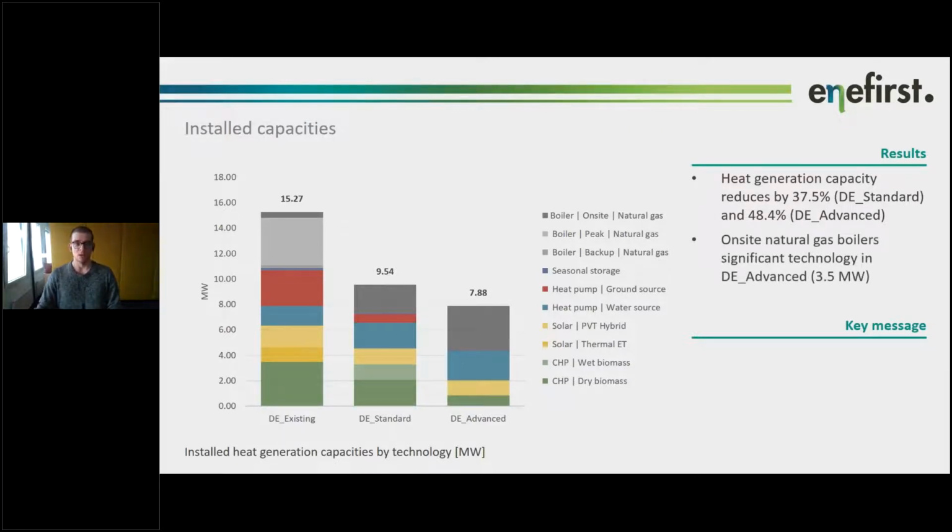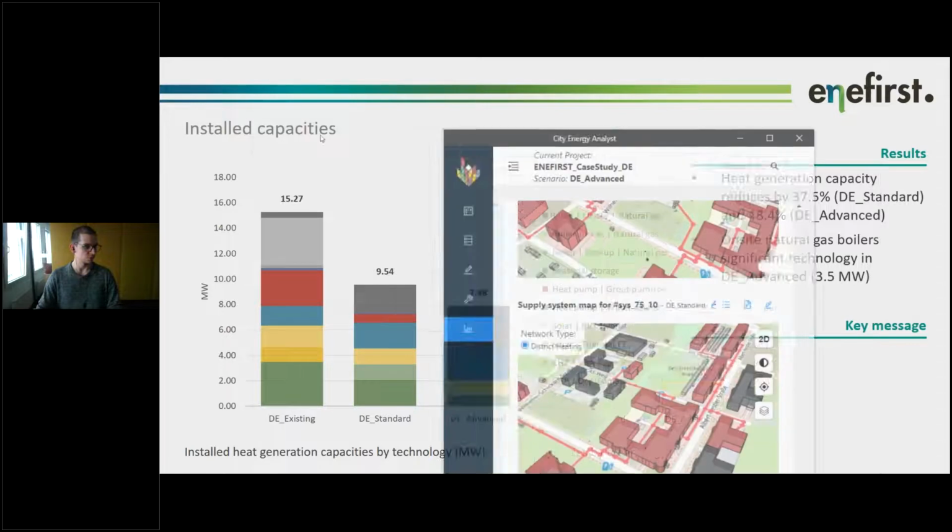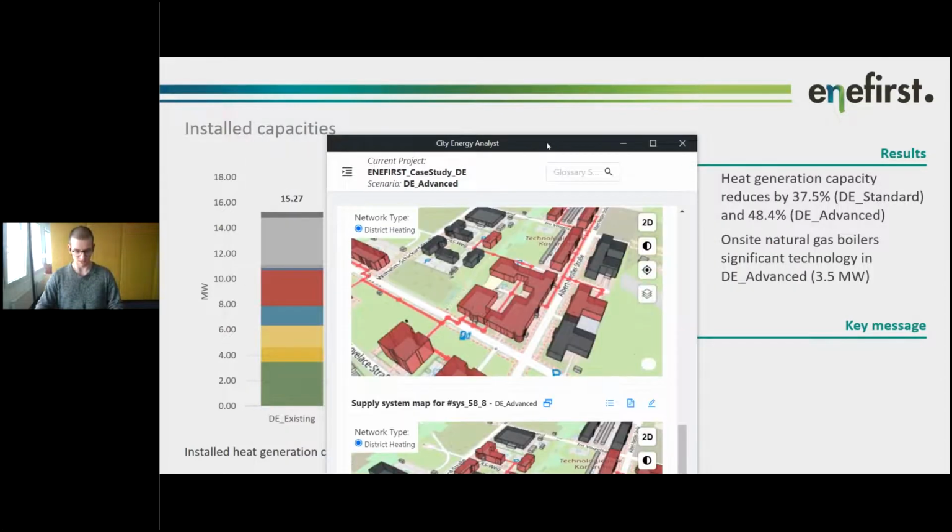And we can also see that on-site natural gas boilers are a significant technology, particularly in the advanced scenario. So these on-site natural gas boilers are not connected to a district heating network, but they are operated individually. I will be showing you very briefly what this means in practice.